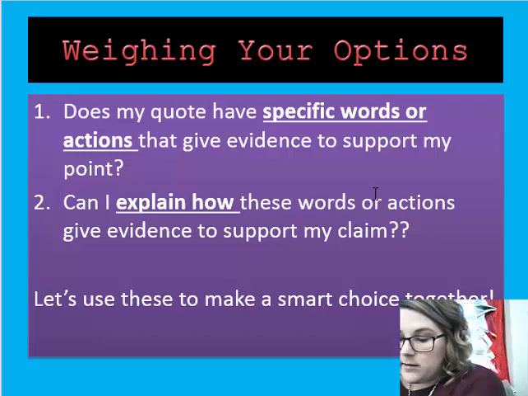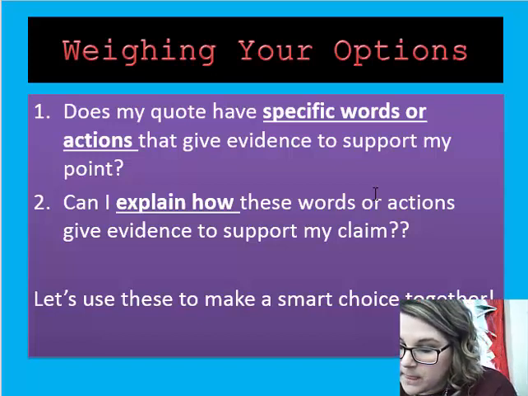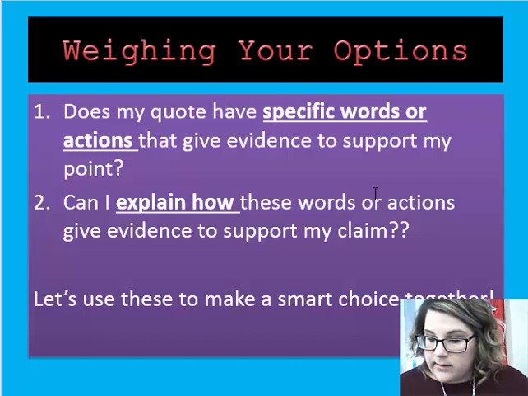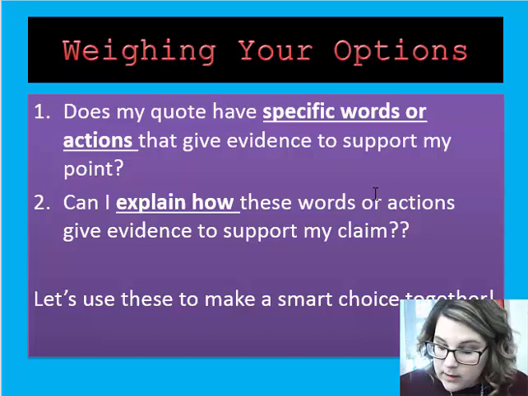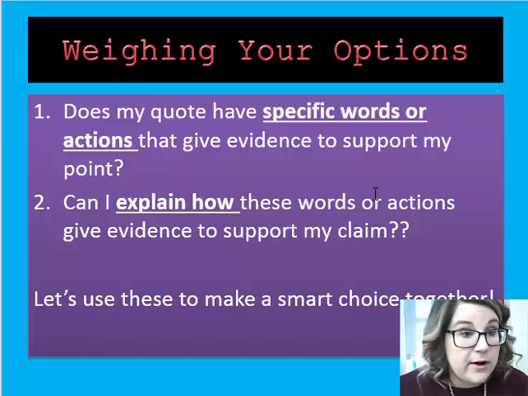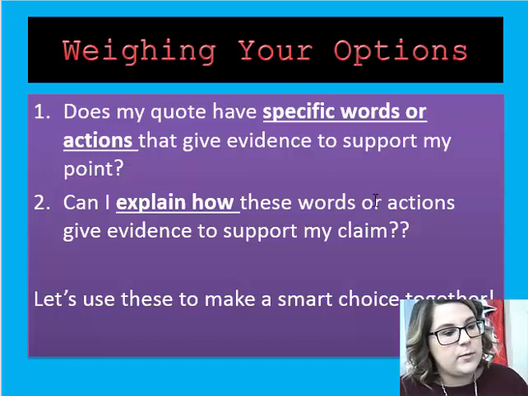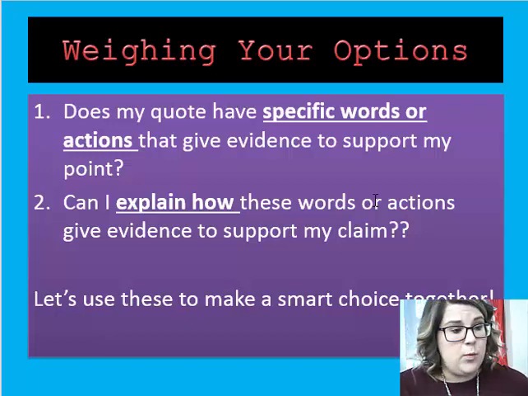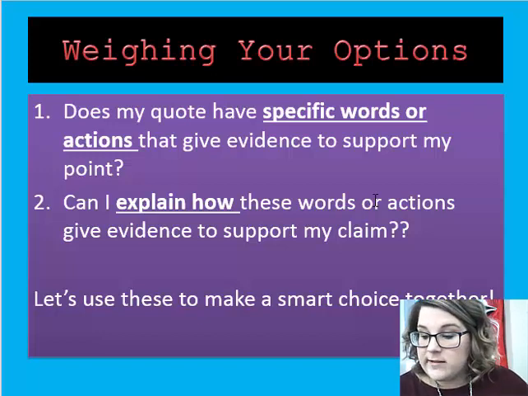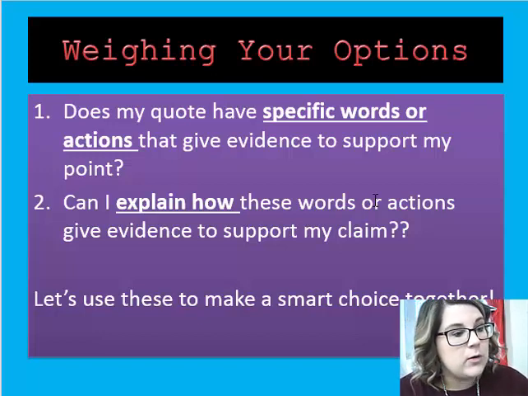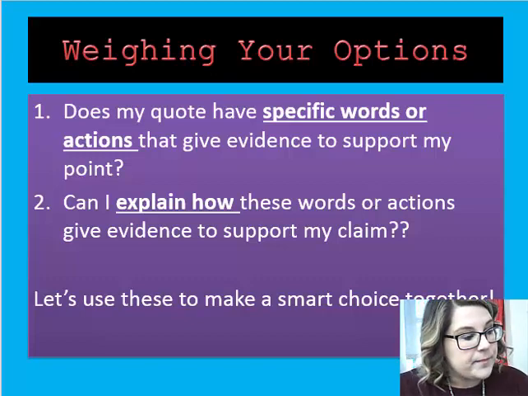Like my words had said, frail and willow wild, nobody home, embarrass. It had very specific words. And then, can I explain how these words or actions give evidence to support my claim? If I were to ask you, why did you pick that quote? Would you be able to tell me? So at the end of class today, you need to have 3 quotes, 1 for each piece of evidence. Happy writing.